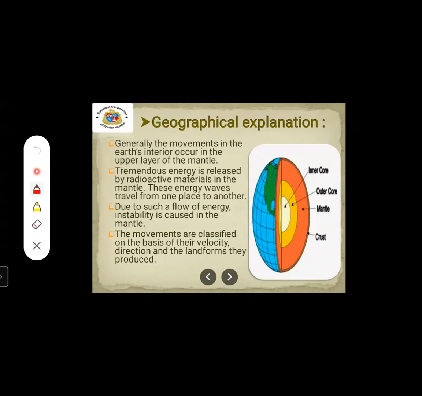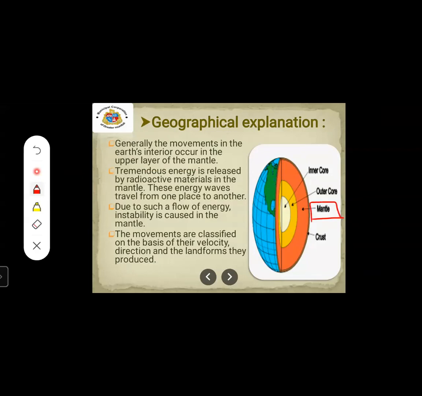See here. Generally, the movements of the earth's interior occur in the upper layer of the mantle. Now, this upper layer, the portion you can see, which is your arrow, in orange color, students, the mantle. These movements generally occur in the upper layer of the mantle.